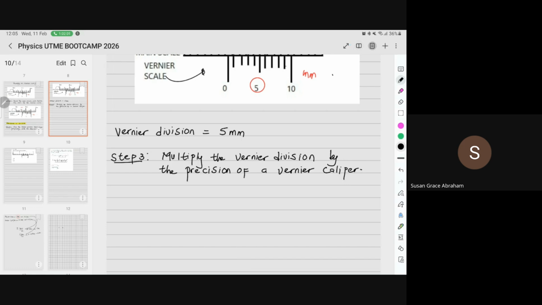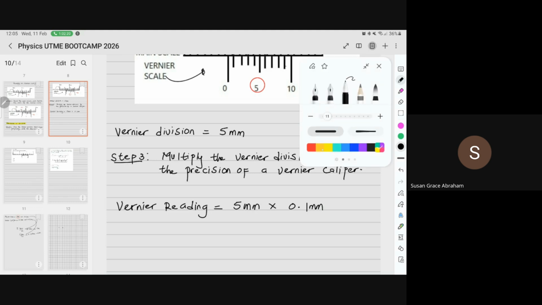God bless you. So that means the vernier reading will be equal to the division, which is 5 millimeter, multiplied by 0.1 millimeter.